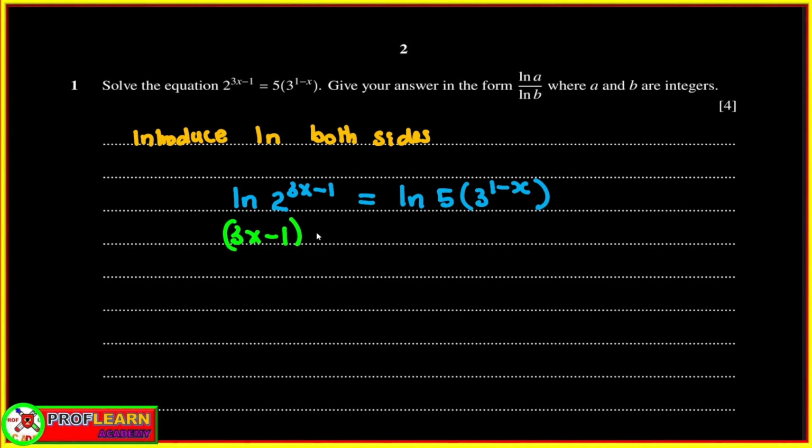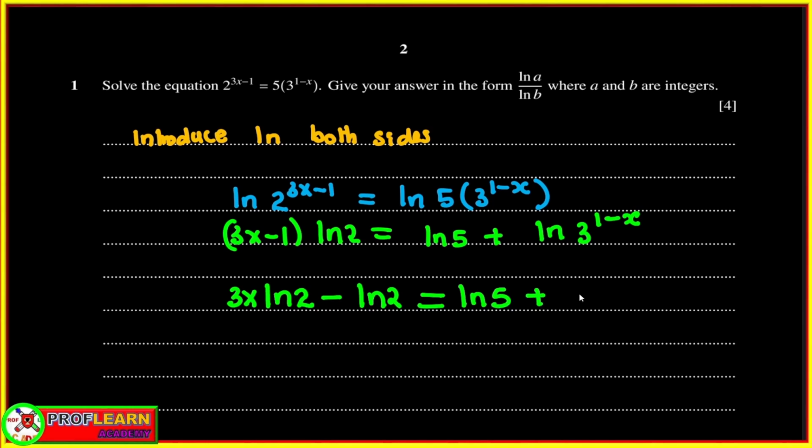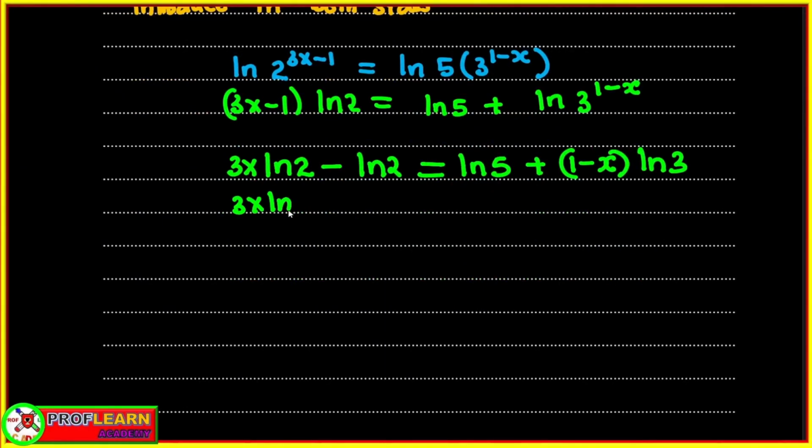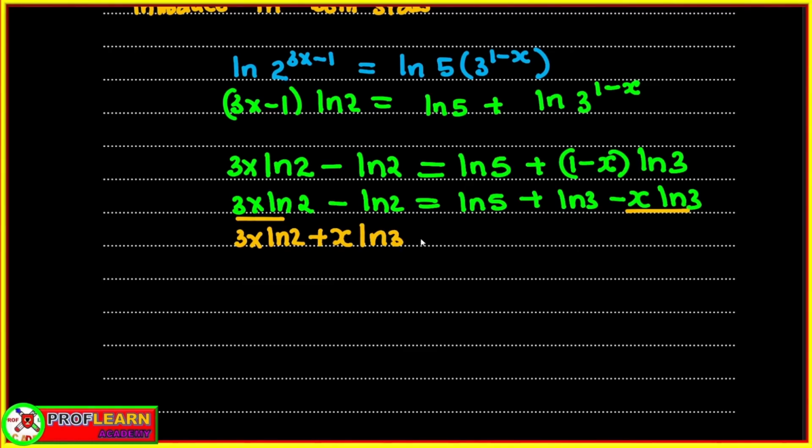So at this point, we can take the powers behind the logs, and this is going to be opened further, and we are going to have 1 minus x ln of 3, like that. Then we can also put the like terms together, so we pick those which are having x and take them on the left hand side, and those that are just plain numbers, we are going to put them on the right hand side.